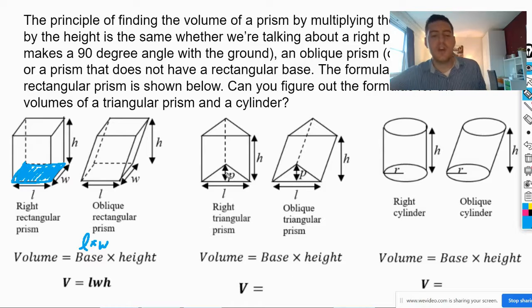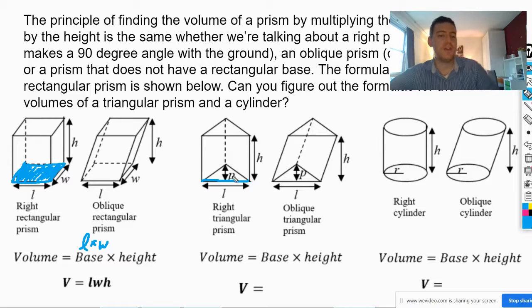So in the case of a triangle, how do we find the area of a triangle? So I wrote an L over here for the length of the triangle. And for the height of the triangle, I didn't use the letter H because I'm already using that letter to represent the height of the prism itself.